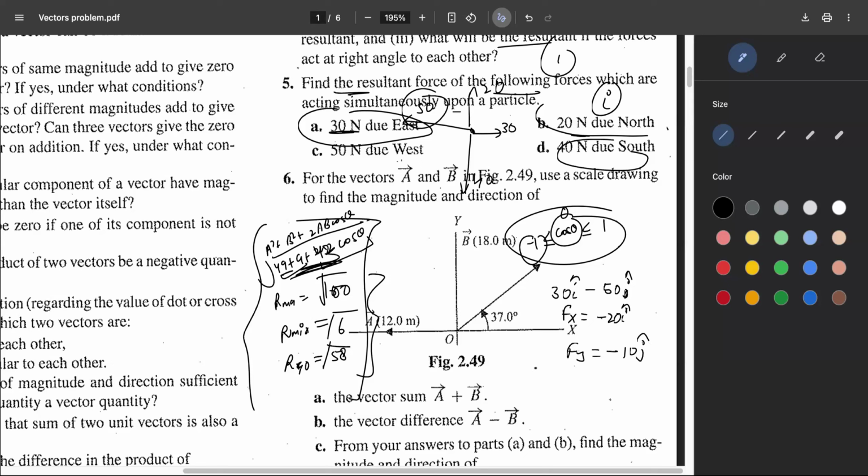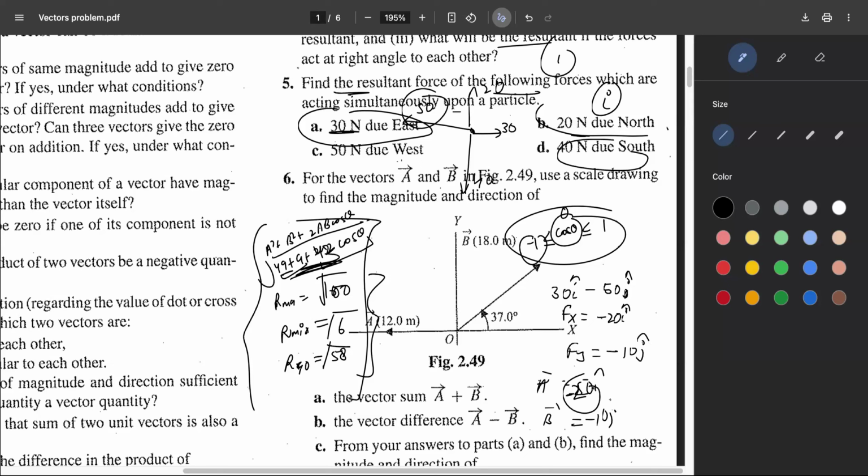You have to get the resultant, right? So what is the resultant? Basically, you can simply say that A is nothing but minus 20 in the I direction. B is nothing but minus 10 in the J direction. What is the magnitude?